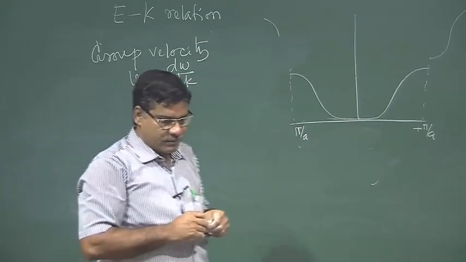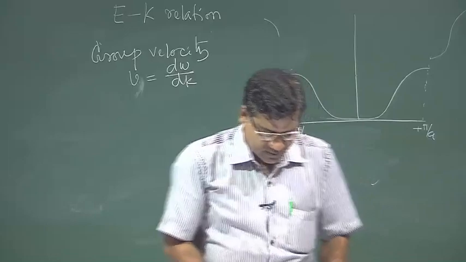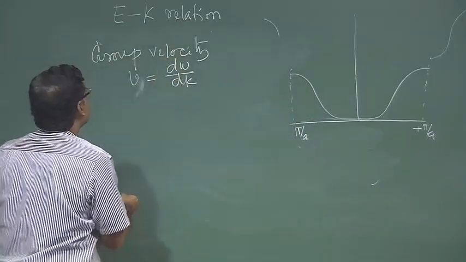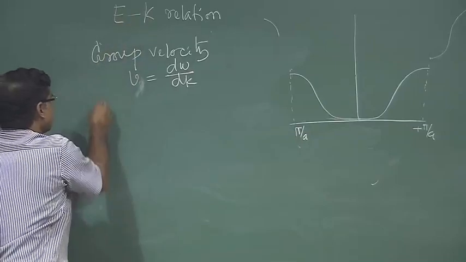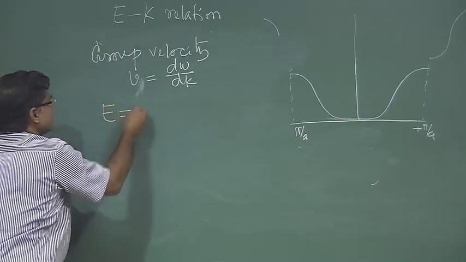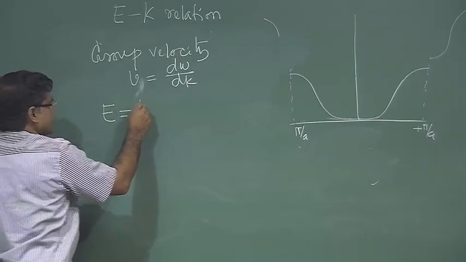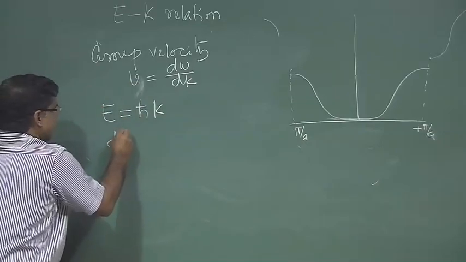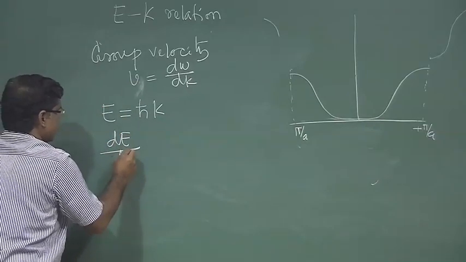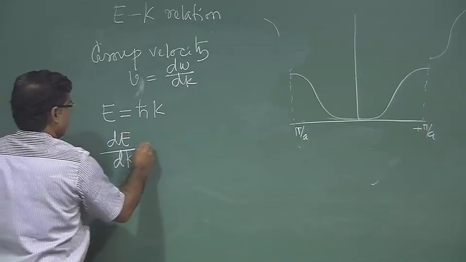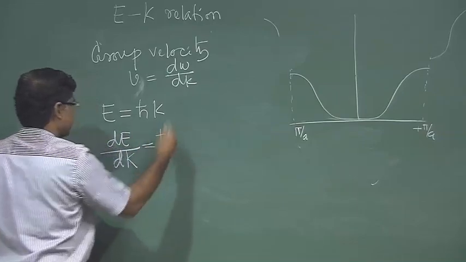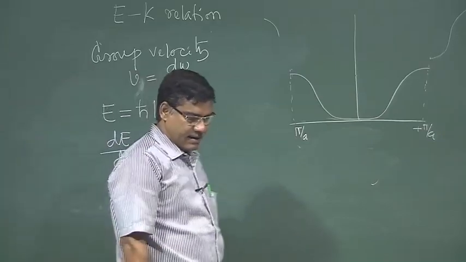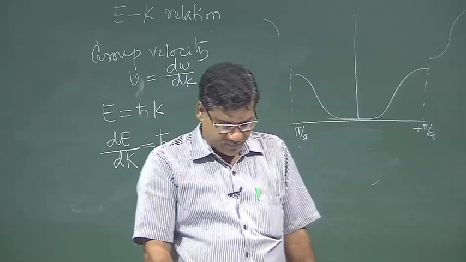Okay. So what do we know about the energy? The E-k relation is very important, as I told. E equals h cross omega, and the momentum is h cross k.